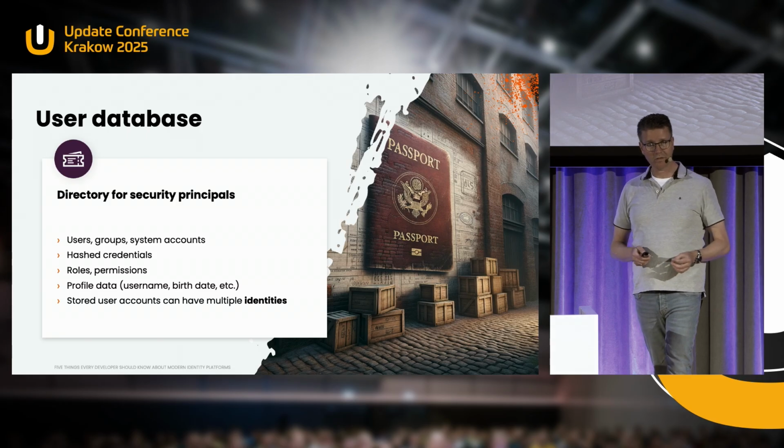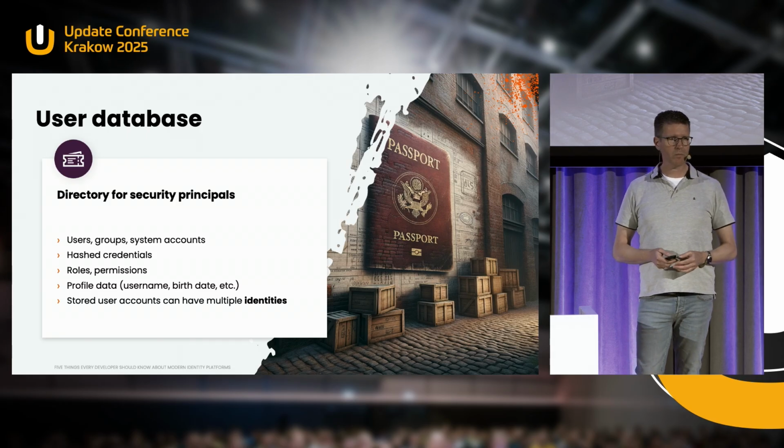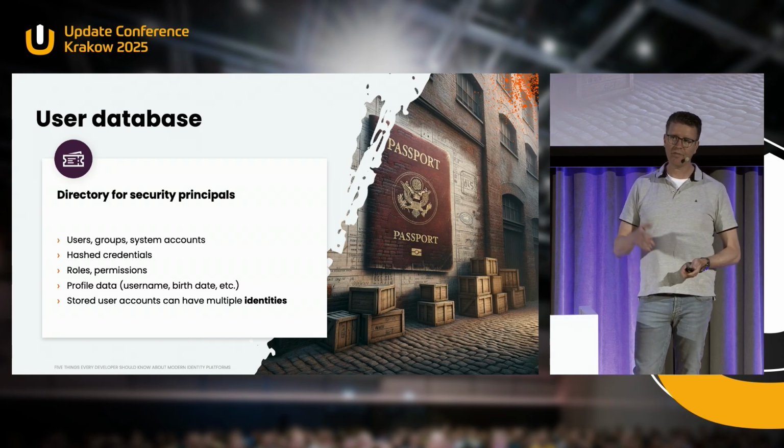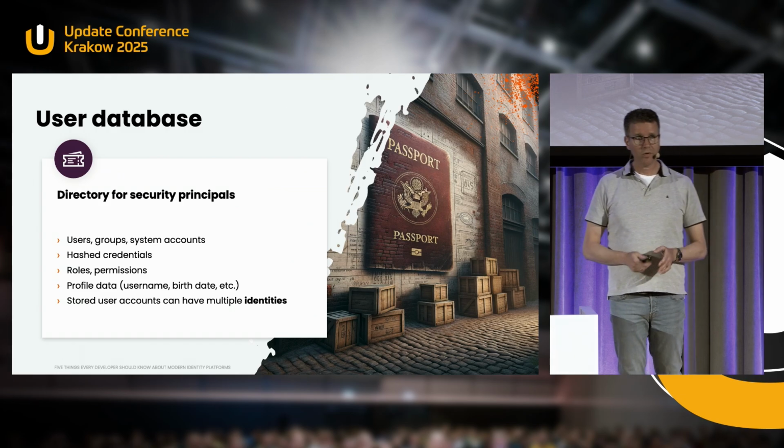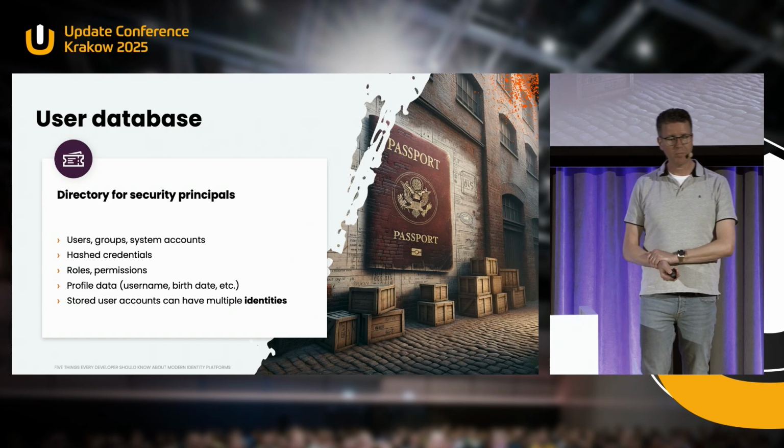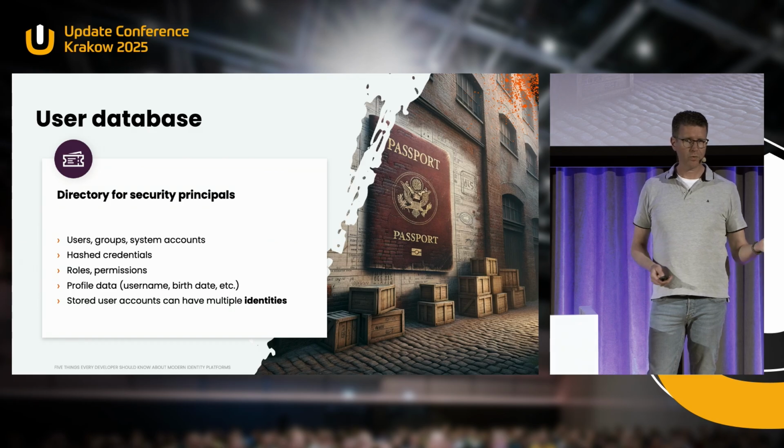Sometimes an IDP can also store roles and permissions, meaning that you can define which user can access which application or which system can access another system. It's not uncommon for one of these databases to have profile information as well, so you can store stuff like birth dates, addresses maybe.